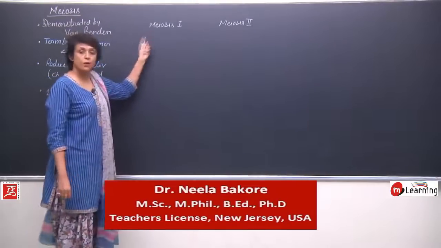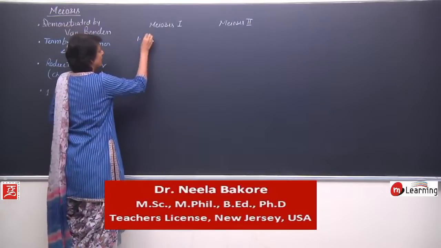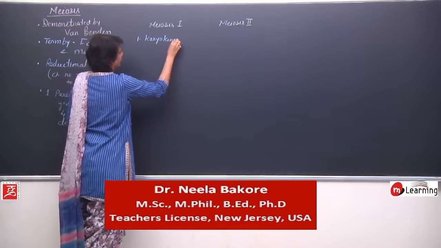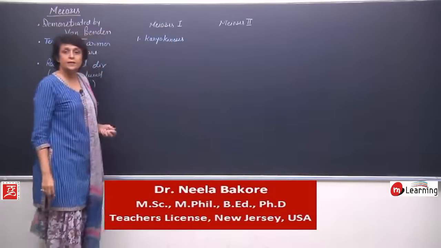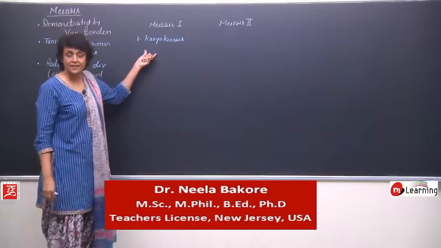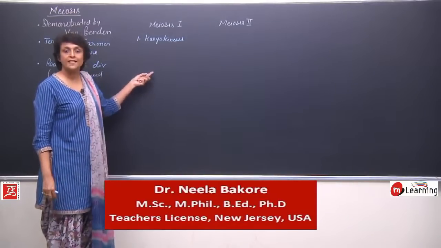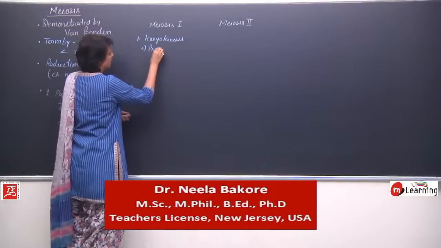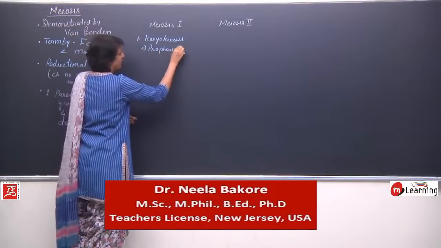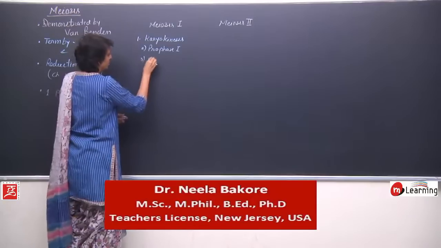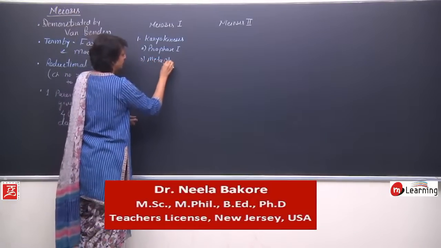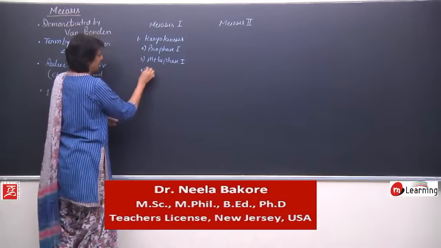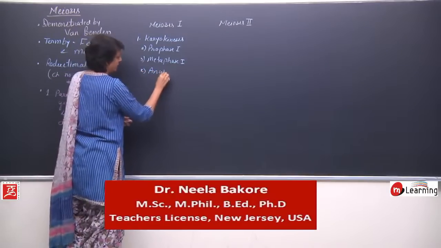So in case of meiosis 1, first is going to be karyokinesis. In this karyokinesis, same 4 subphases, that is prophase, metaphase, anaphase and telophase. So this will be written as prophase 1, then metaphase 1, anaphase 1.